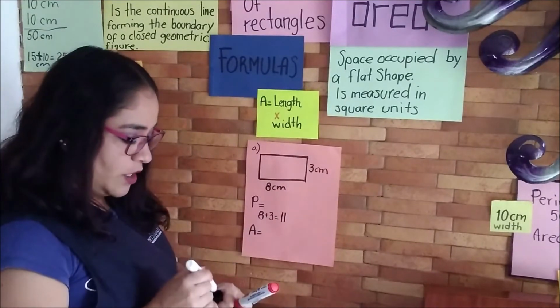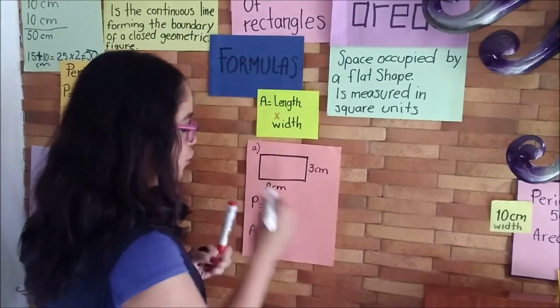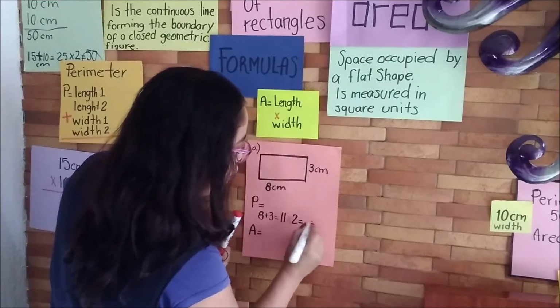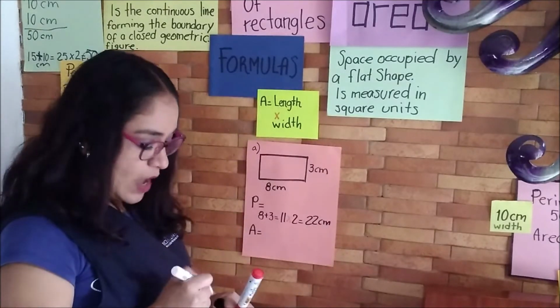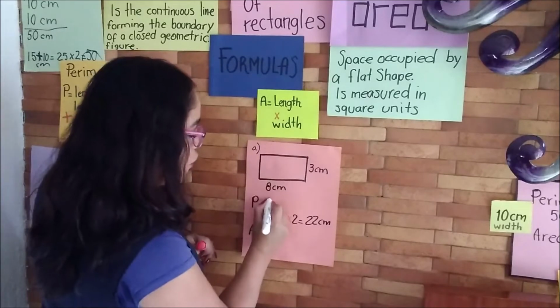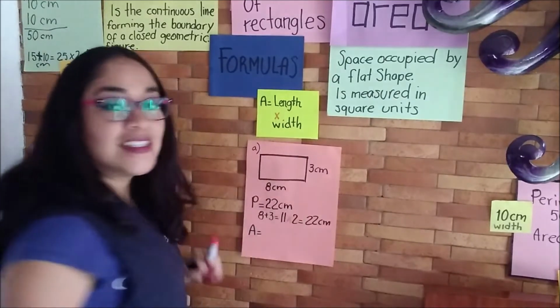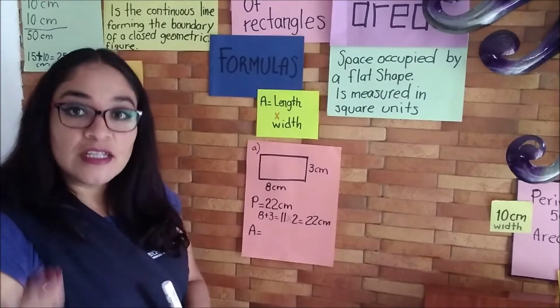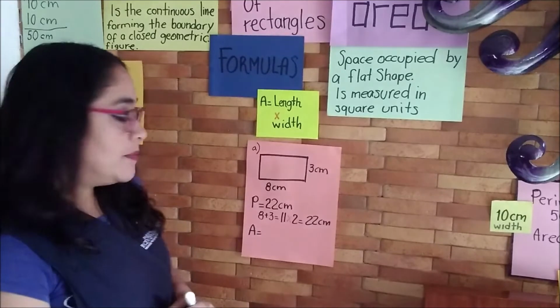And 11, we're going to multiply it by 2, and it's going to be 22 centimeters. So our perimeter is 22 centimeters.